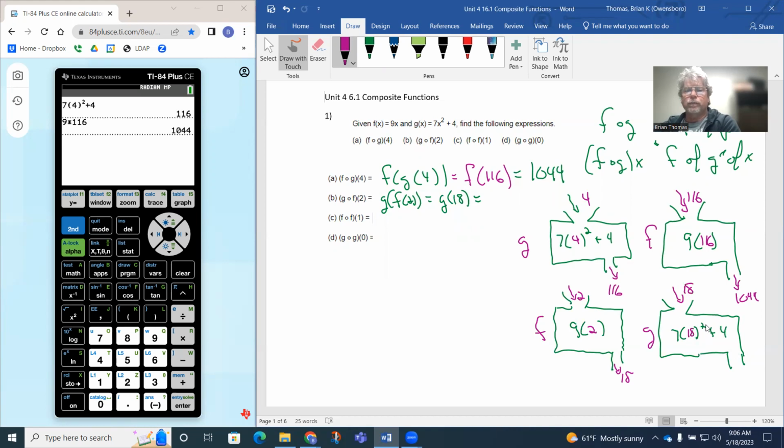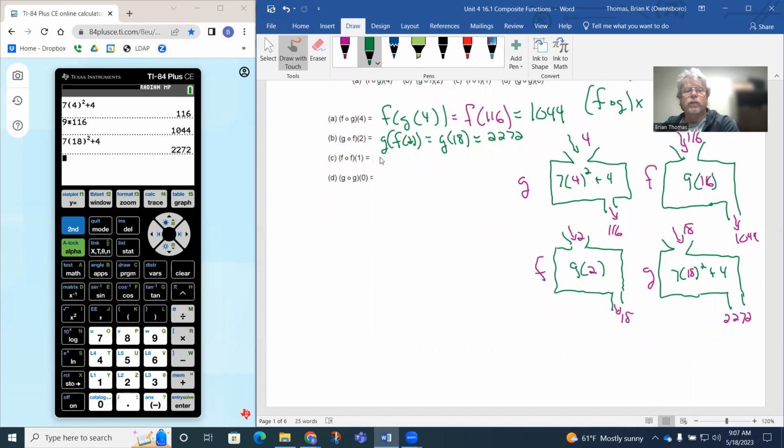So we're going to do 7 times 18 squared, and then add 4 to that. That's going to give us 2,272. So 2,272 becomes the result, and the answer here is 2,272.